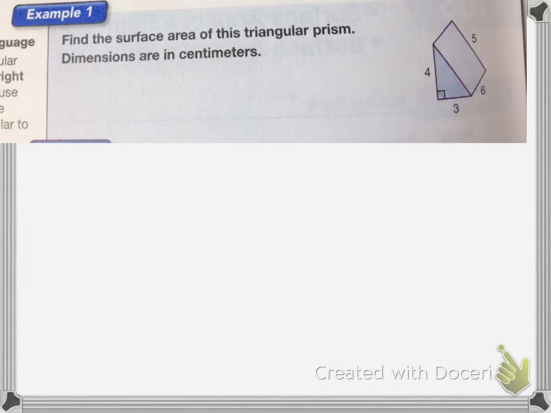Okay, so we know that we have the area of two different triangles, because there was a triangle in the front, which means there has to be a triangle back here in the back where we can't see it. So the area of the triangle has to equal base times height divided by 2.